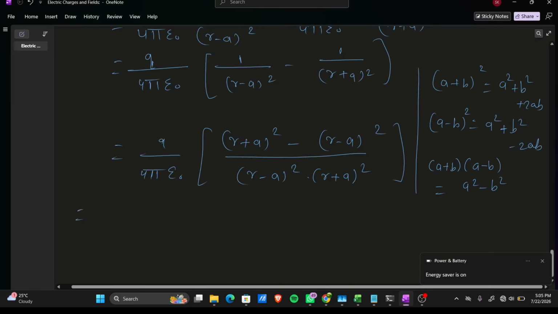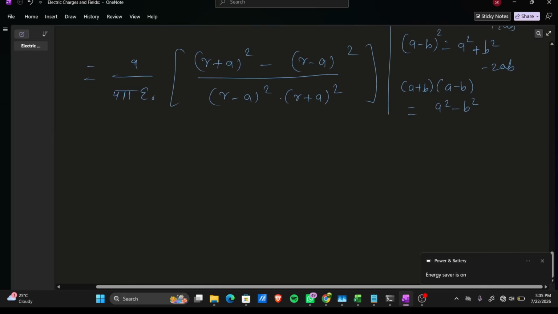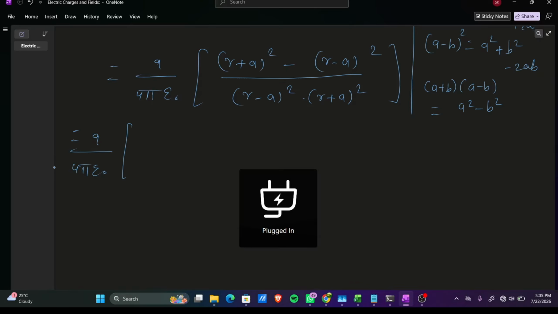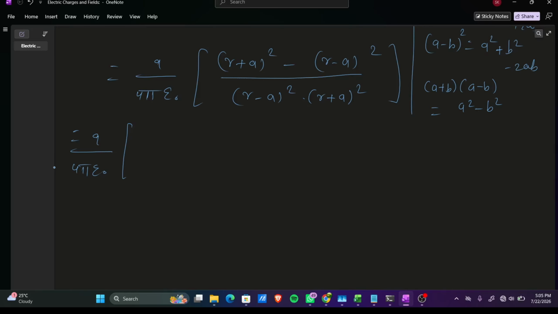So now the simplification, the simple calculation is there. So q upon 4 pi epsilon will be as it is. Now what we are going to do is simplify this: r square plus a square plus 2ar minus r square plus a square minus 2ar.